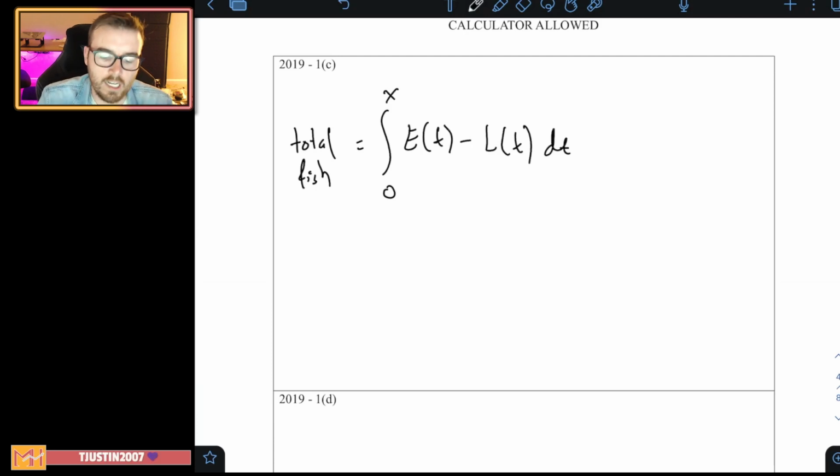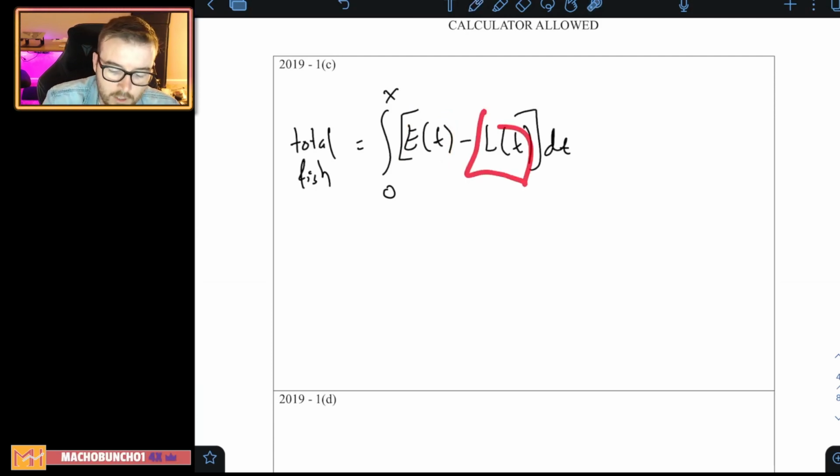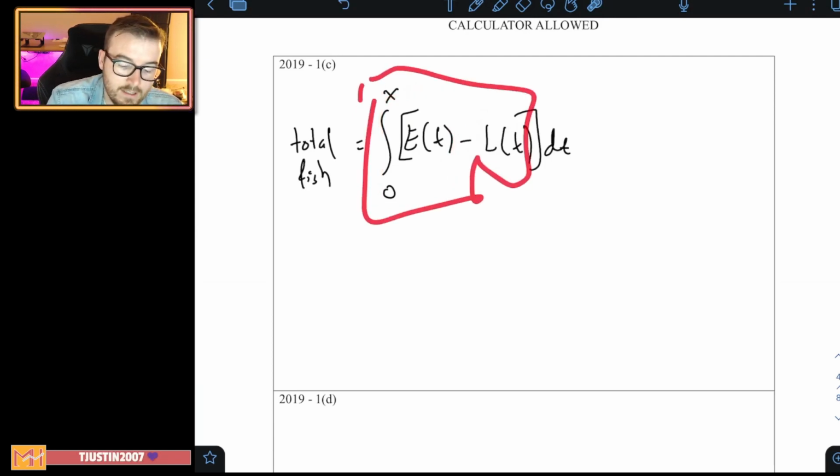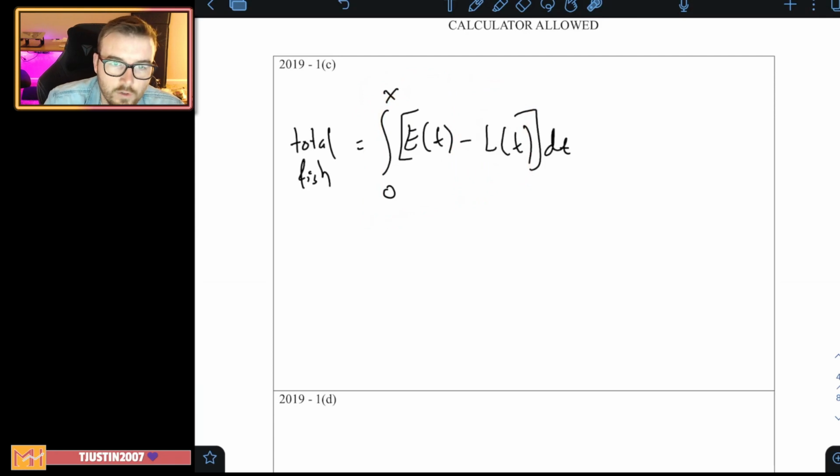Because this part of the integrand represents the total number of fish that have entered the water, and this part represents the fish leaving. So if you take the total number of fish who came in and the total number of fish that left, then that's going to give you the total number of fish in the water. And that's what we're trying to find.